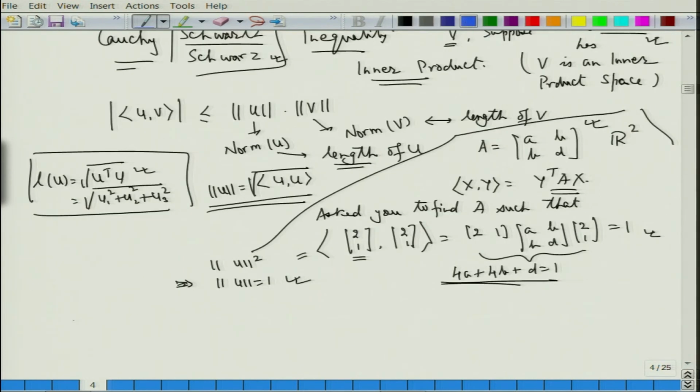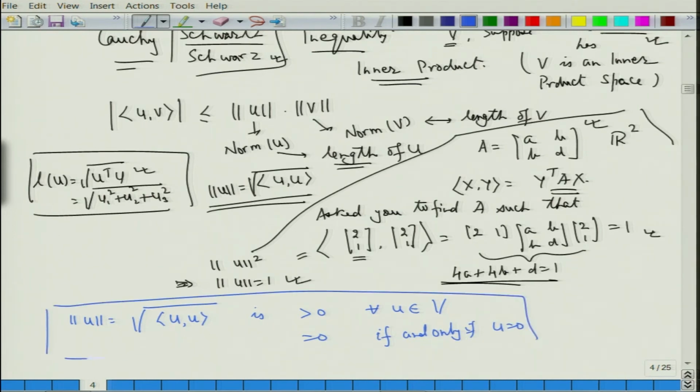The norm that we are defining, norm of u, is equal to the square root of the inner product of u with u, which is greater than 0 for all u belonging to whatever vector space you are looking at, and equal to 0 if and only if u is 0. This follows because of the condition that we had, that the inner product of u with u is positive for all u not 0. So that was the restriction for our inner product, and because of that we are getting that the length of u is always a positive quantity.